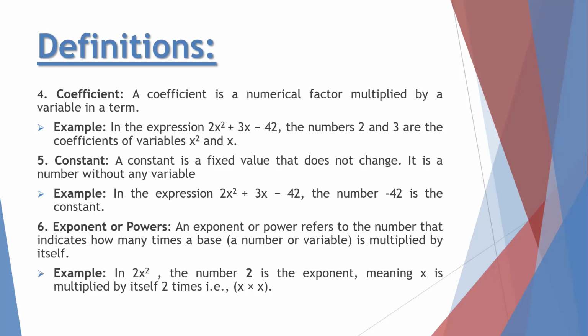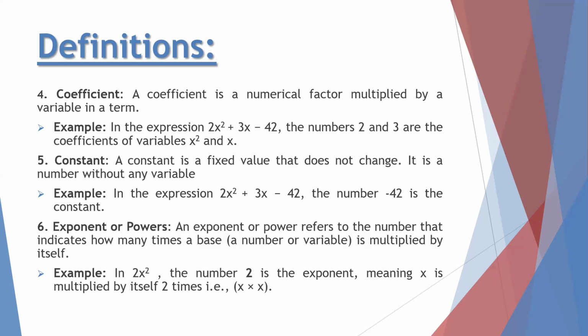So in the expression 2x squared plus 3x minus 42, the numbers 2 and 3 are the coefficients of the variables x squared and x. Then comes the fifth one, which is constant. A constant is a fixed value that does not change. It is a number without any variable.